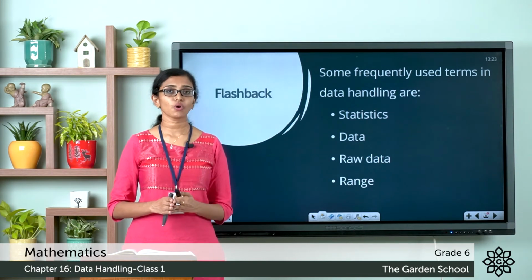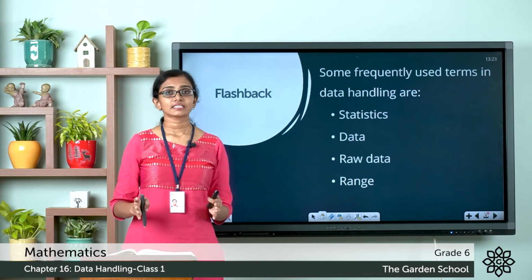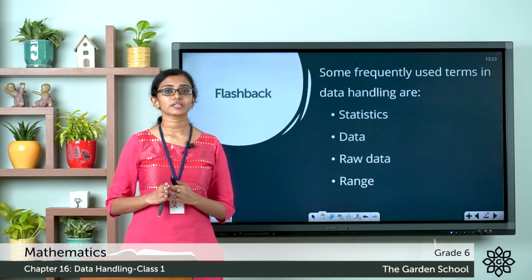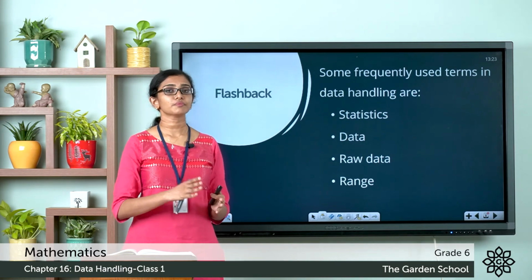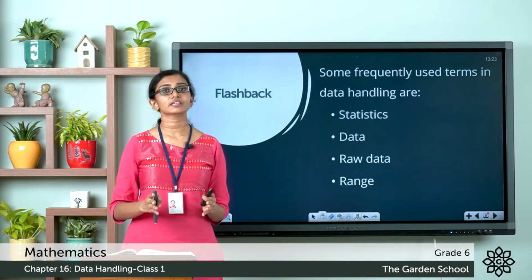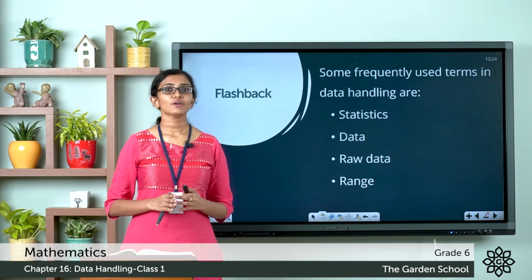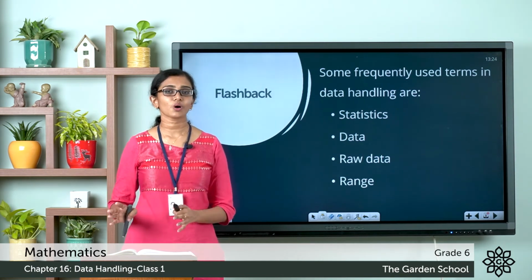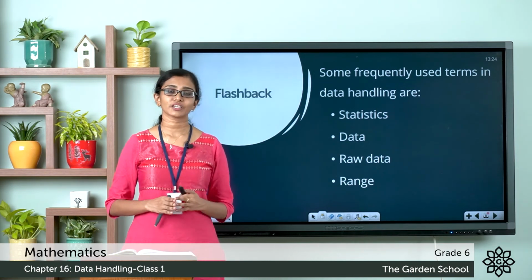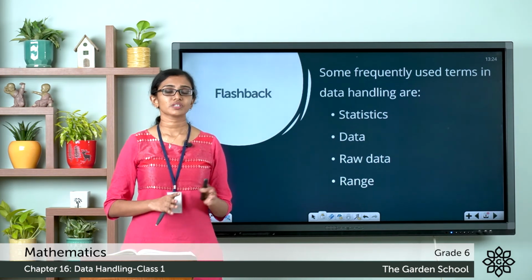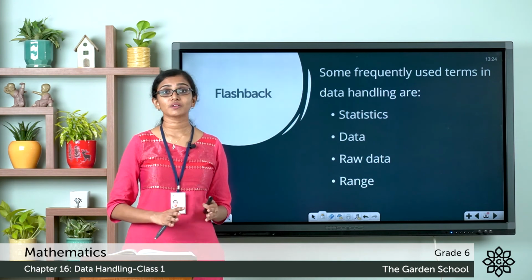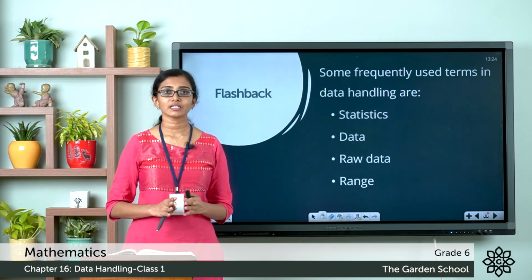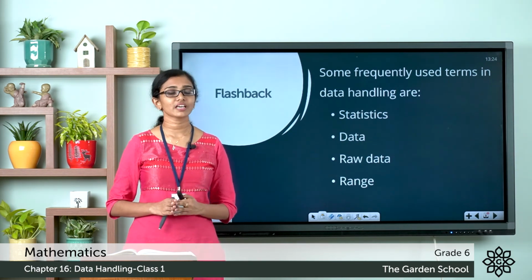So the data is raw when you have collected the data and you haven't done any processing to it yet. So the unprocessed data that you collected is called the raw data. Now the range. This is the difference between the highest and the lowest values in the data you collected. So these are just a few terms that you frequently use in data handling. I hope these terms are clear to you.